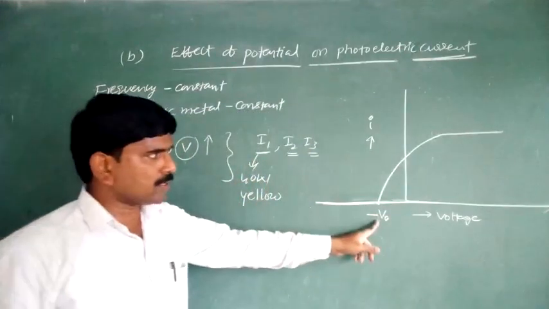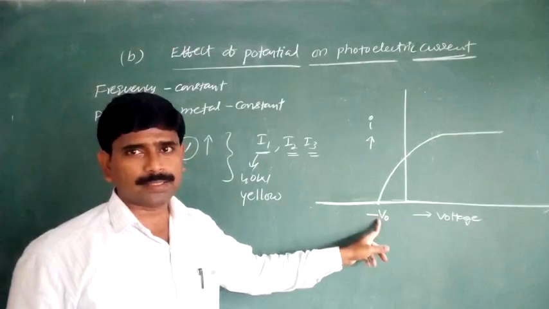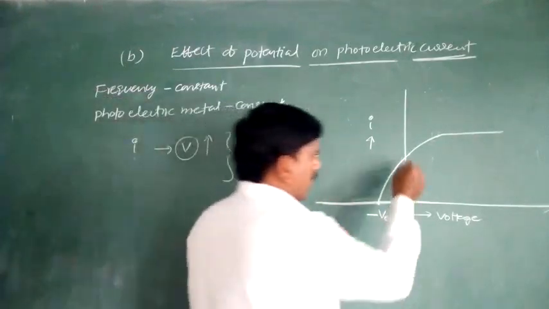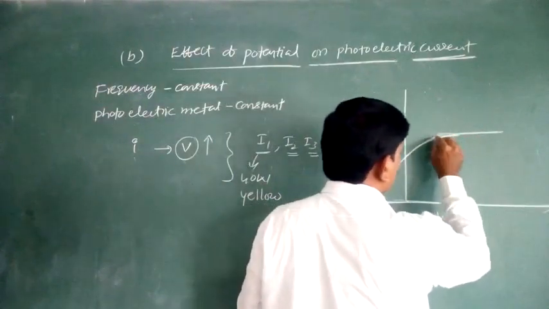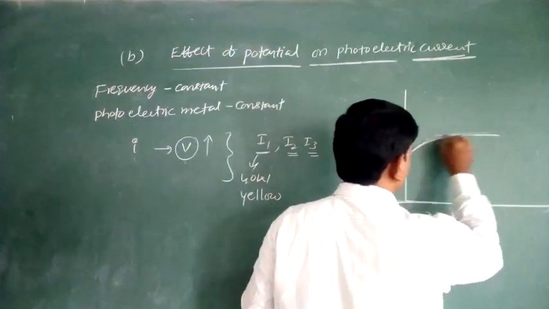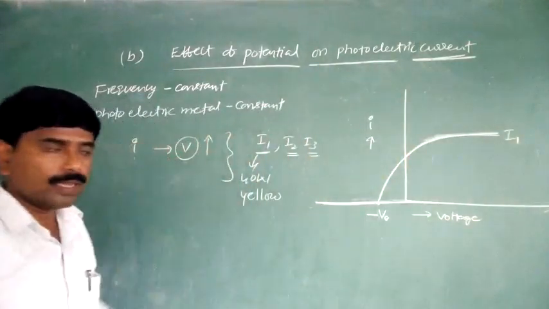That voltage is called the stopping potential or stopping voltage. This is for the I1 intensity of the radiation.